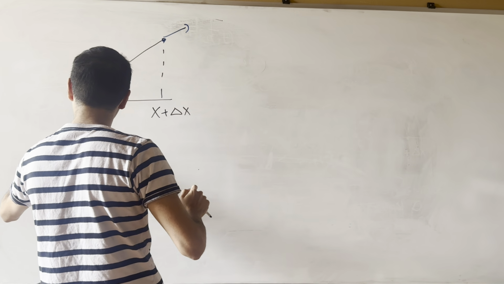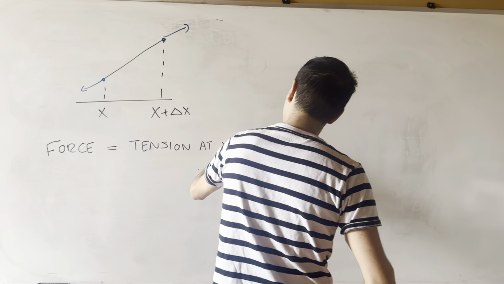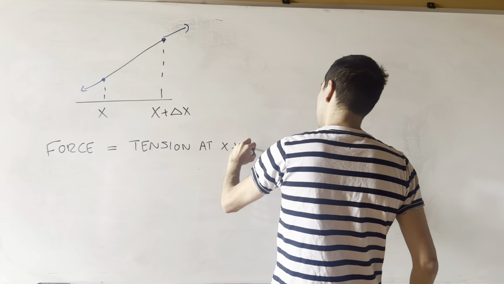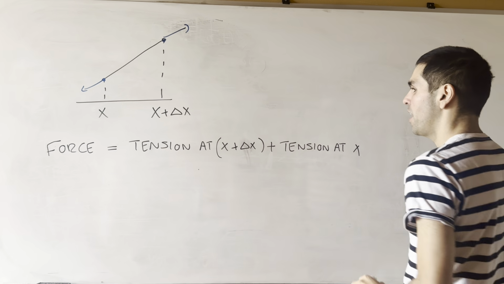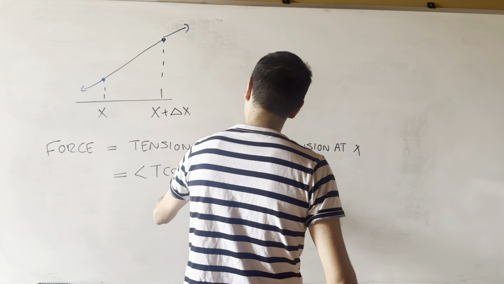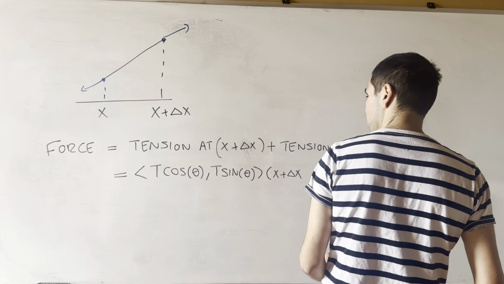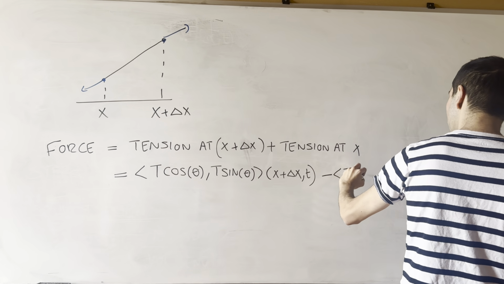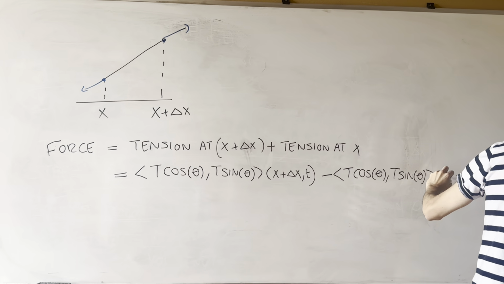So the force, that is the tension at x plus delta x plus the tension at x, and then what this becomes is T cosine of theta, T sine of theta at x plus delta x, and then minus T cosine of theta, T sine of theta at x,t.